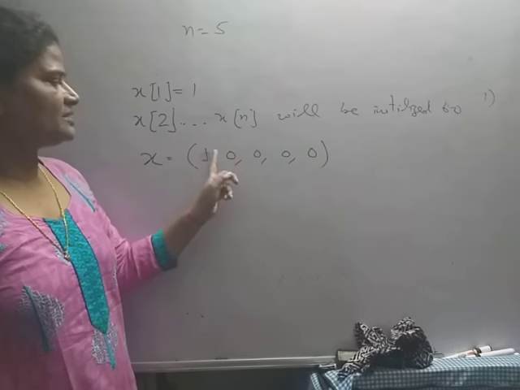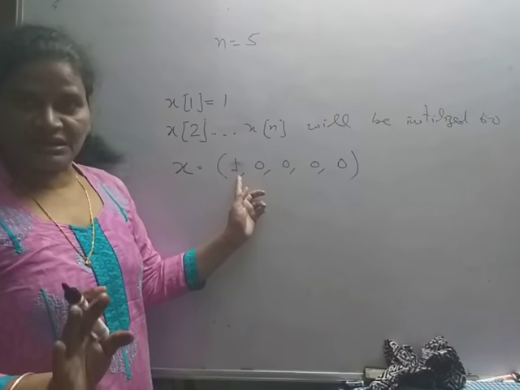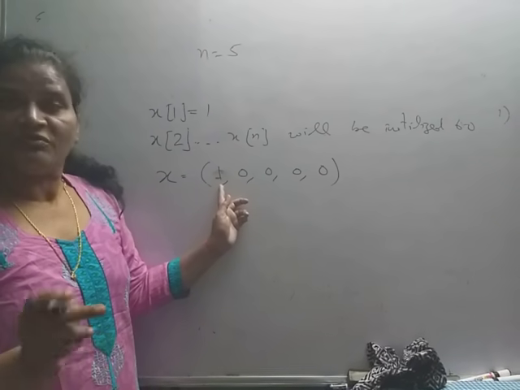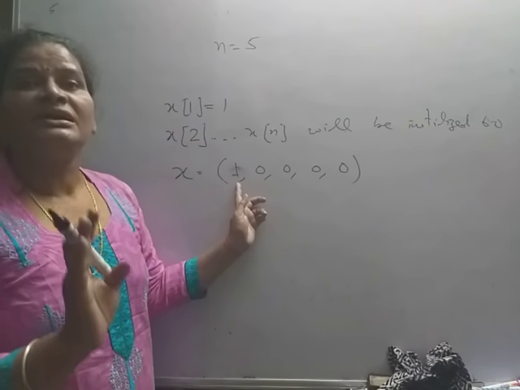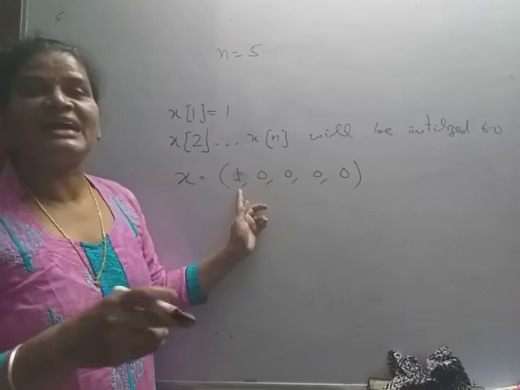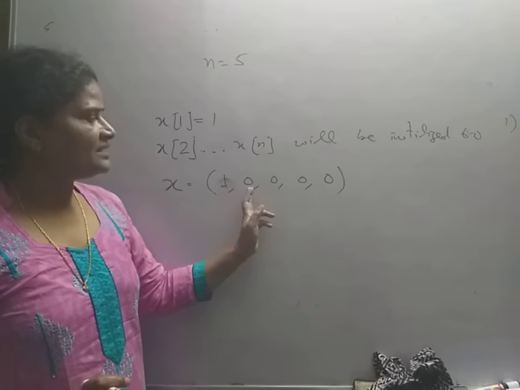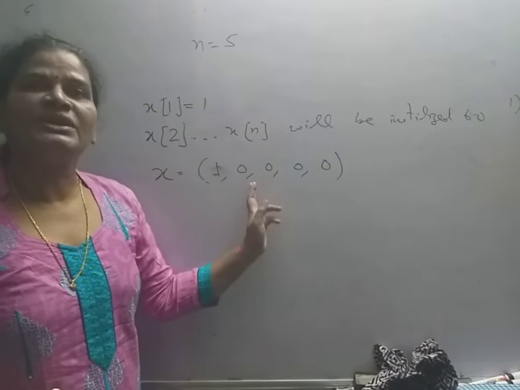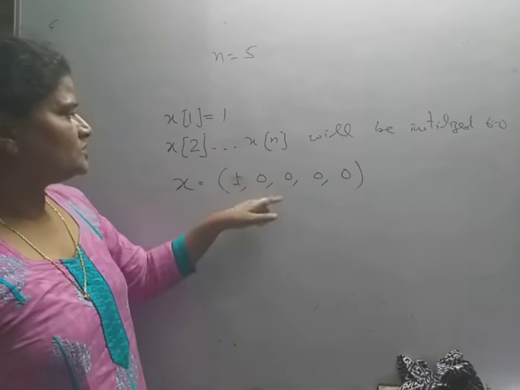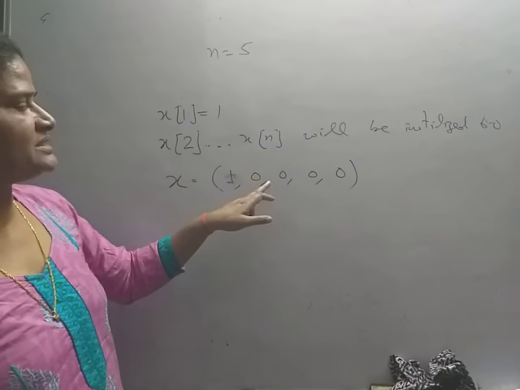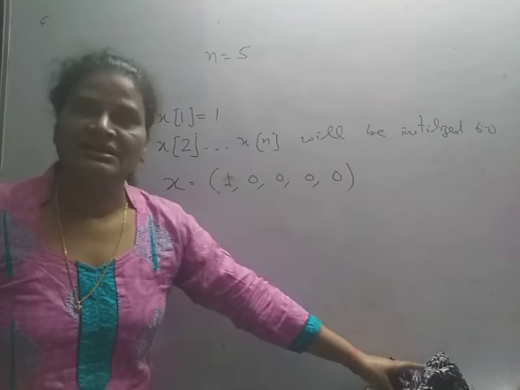So here I am taking the first vertex as 1. Why am I taking 1? It is fixed, simply to avoid repetition of the same cycle, and all other components of the solution vector are initialized with 0. So automatically that expression will generate the next vertex, and it will check whether it is feasible or not.